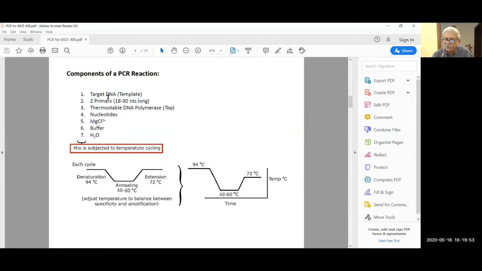The quantities of these materials, including target or the template or the primers or the polymerase or the nucleotides, magnesium chloride and buffer, they can be very easily calculated, and they usually go around 20 microliter. So you are left with 5 microliter, and you make up the volume to 25 microliter by adding the water. If you end up with 18 microliter, obviously you will go for addition of 7 microliter water to bring the volume to 25 microliter, because all the calculations for these ingredients, they are for 25.